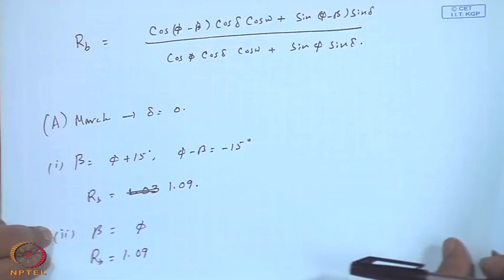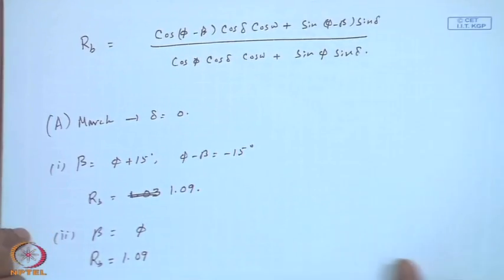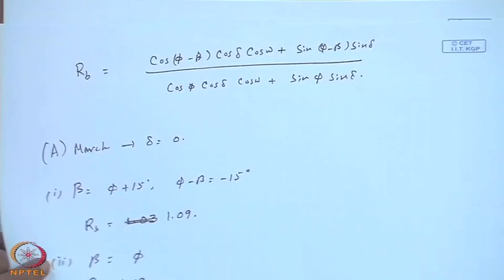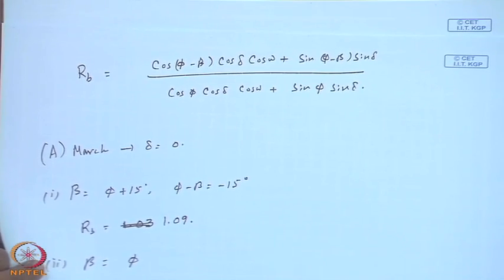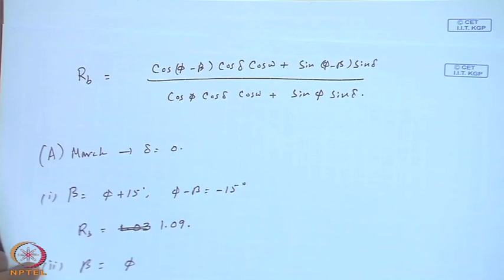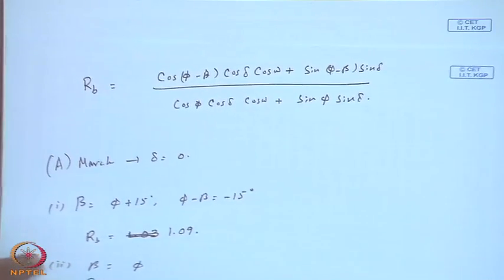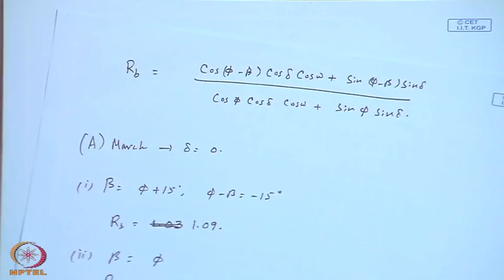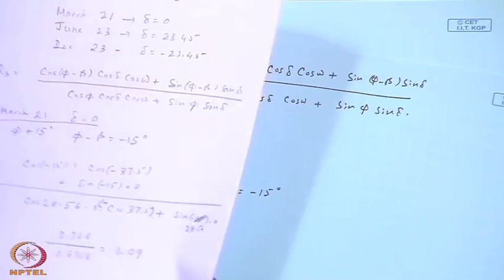Okay, we can check up that arithmetic a little later. For different reasons it will turn out to be the same. You can just check, because delta being 0 or phi minus beta being 0.